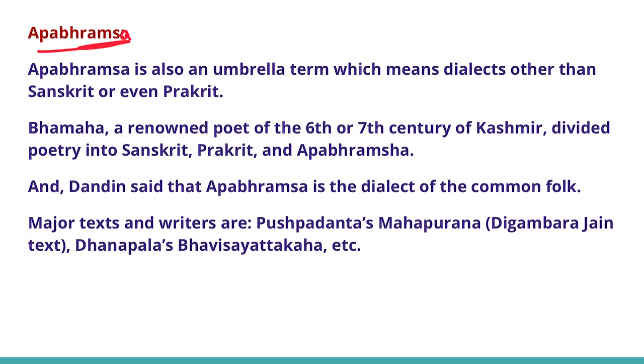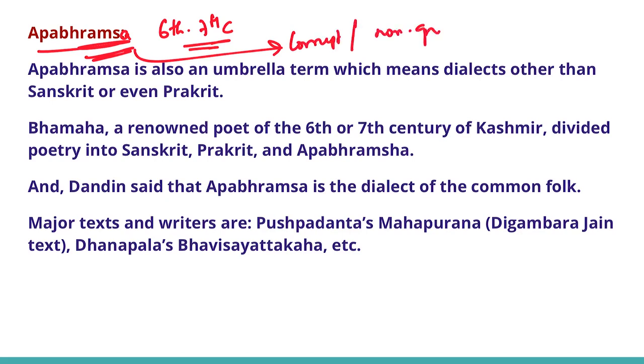Apabhramsa. So by 6th and 7th century, the development of Apabhramsa took place. Apabhramsa means corrupt or non-grammatical. Apabhramsa is an umbrella term which means dialects other than Sanskrit or even Prakrit.